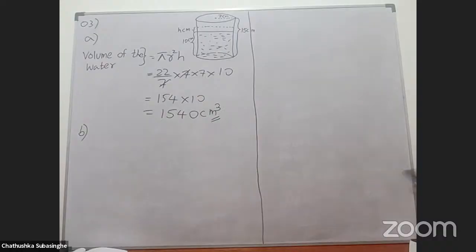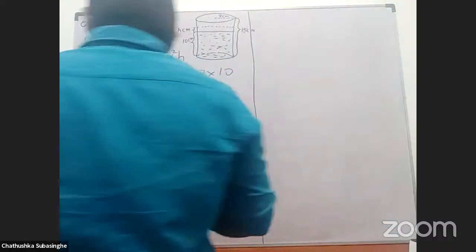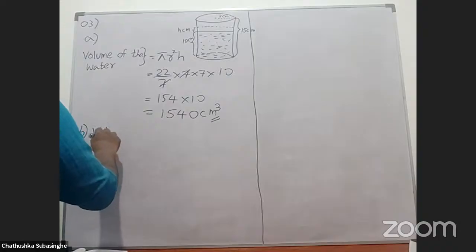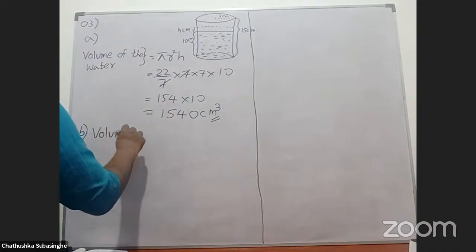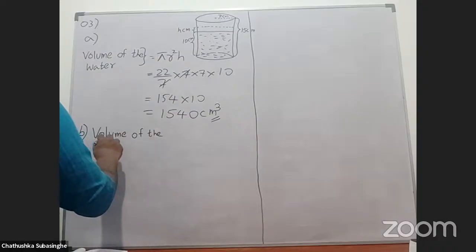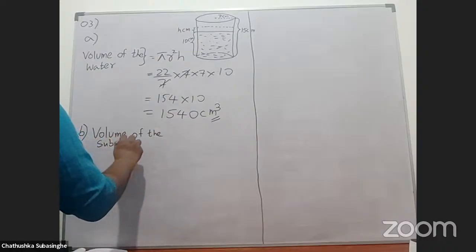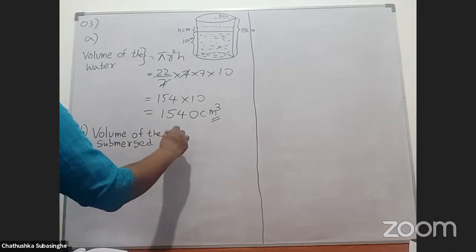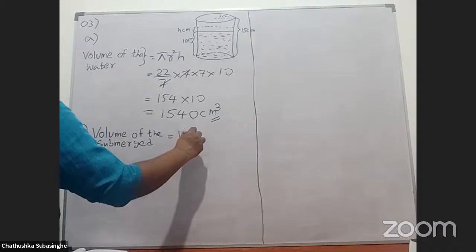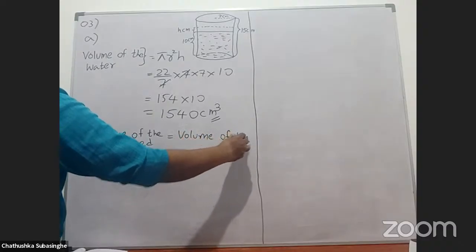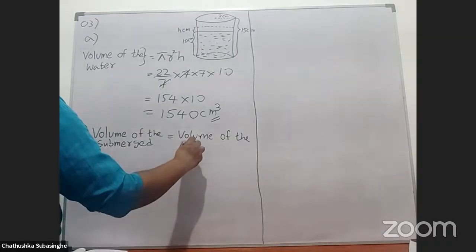So let's find. Volume of the submerged object is equal to the volume of the displacement.